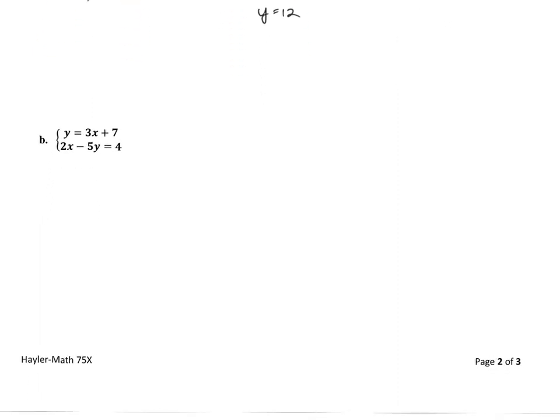Looking at these equations, they're not in the xy form. So that's the first thing I'm going to have to do, is get them into the xy form, which means I want to subtract this 3x to the other side. So I can do that. Then I rewrite it as negative 3x plus y equals 7. All right, so I just fixed that equation there.